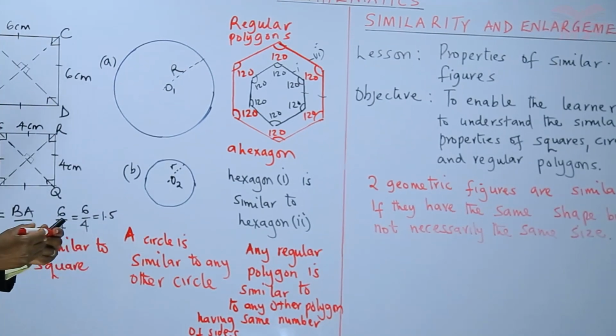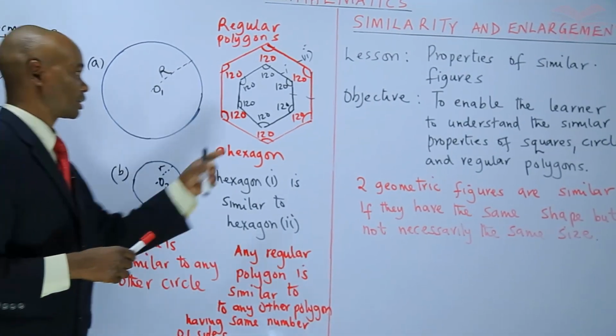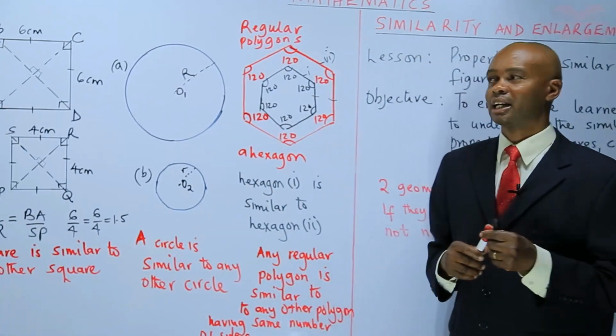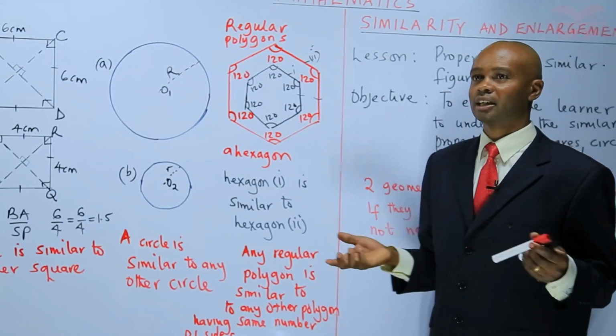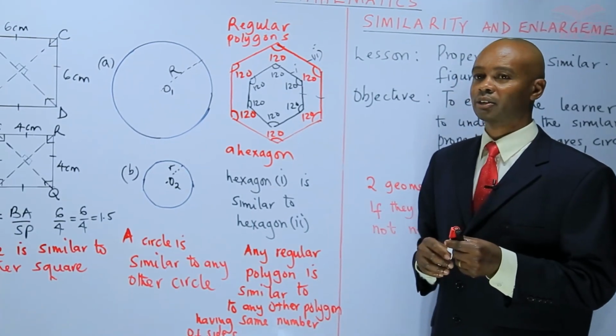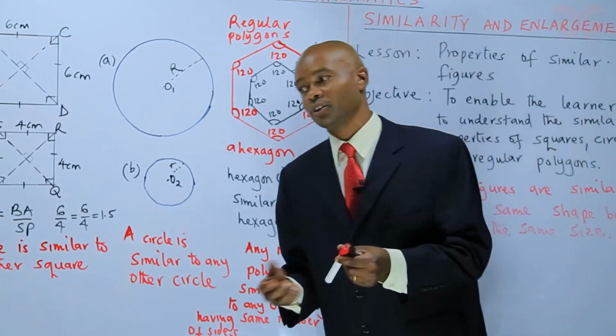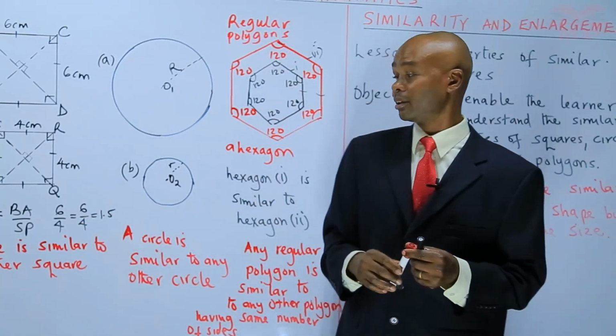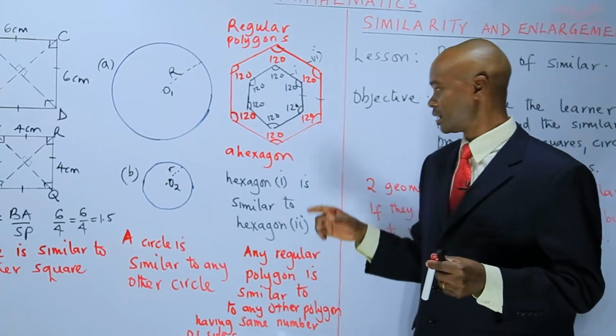Like this hexagon, it has 6. Whether the hexagon has a side as long as 3 kilometers, it will be similar to a hexagon having a side of 4 centimeters. So those are the properties we've got in a square, a circle, and polygons.